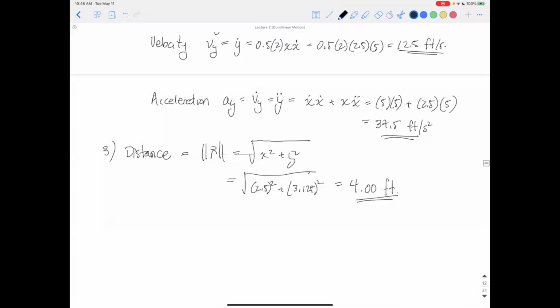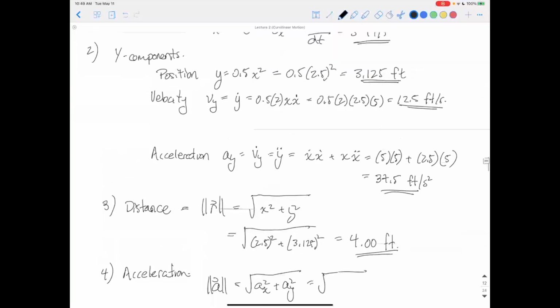And if we want to find the magnitude of our acceleration, lastly, the magnitude of acceleration is the square root of the sum of the components of acceleration squared. So we get the square root of ax, which is 5, I think.